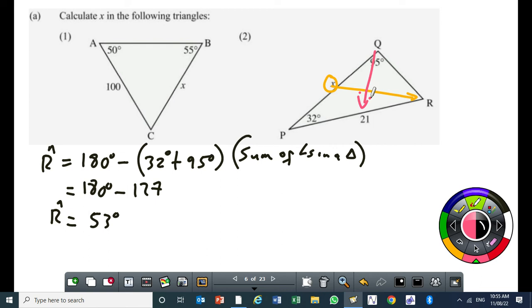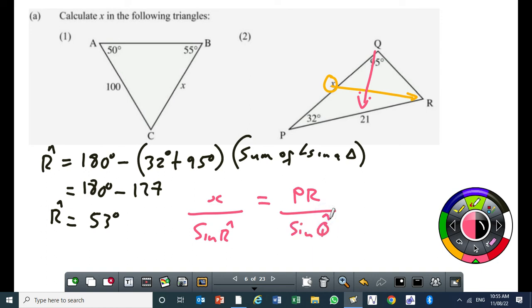So I'm going to write my formula for the sine rule, using capital letters this time. I want to calculate x, so I can say x over sine r is equal to PR over sine q.